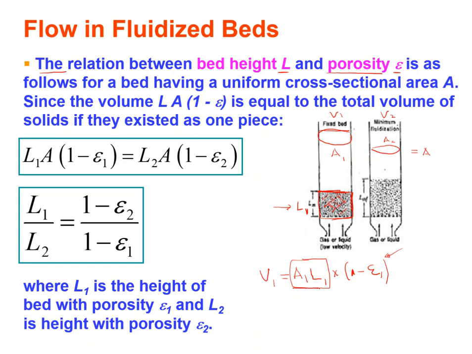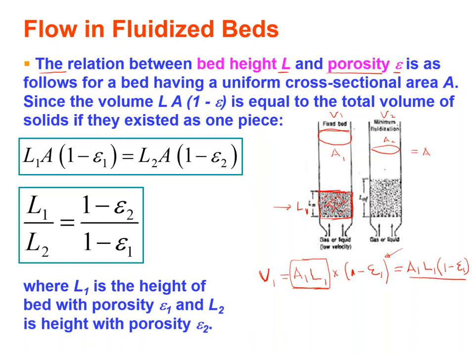So this is like the total volume, and this is the volume of particles divided by the total volume. I want the volume of the particles. So actually I can say that the volume of the particles is equal to A1 L1 times 1 minus epsilon 1. This is the volume of the particles in this case.